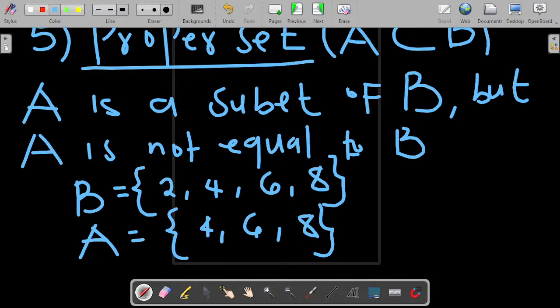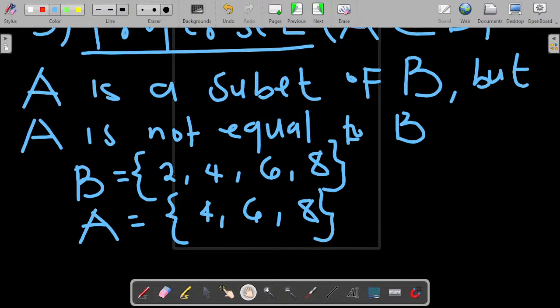Are you seeing it? So what is different between the two sets now? It doesn't have the 2. Are you getting it? So that means that A is a proper set of B. Okay, that's what it means. A is a proper set of B.